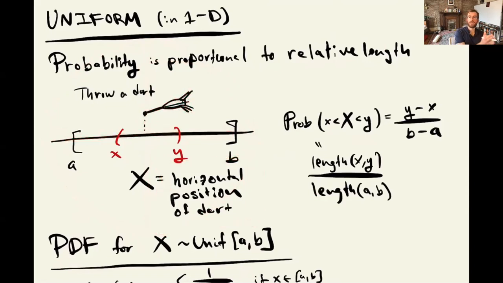So the way we evaluate probabilities in continuous probability is I need to ask, well, what's the probability that I lie in a range, let's say between little x and little y? Well, for the uniform distribution, you want to think of probability as being proportional to relative length. So here the relative length is actually going to be the width of the dartboard.